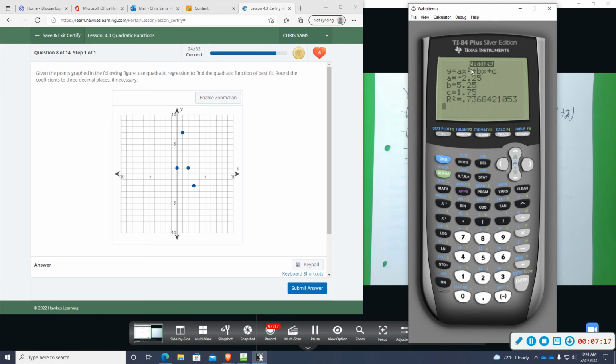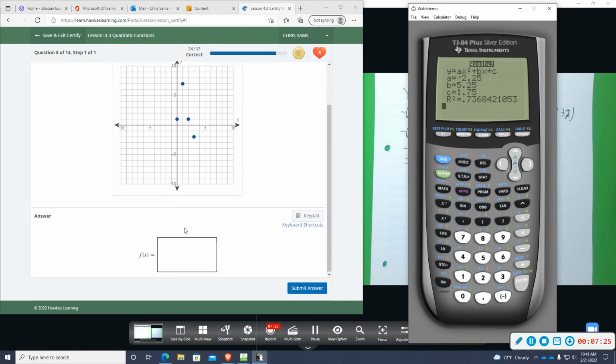All right, so they give it to us in standard form, the ax squared plus bx plus c, and all I have to do is insert the coefficients. So I'm going to come down here and I'm going to do negative 2.25. It's going to be x squared. Now what I'm doing to get this squared is I do the shift and then number 6 to do the upper.